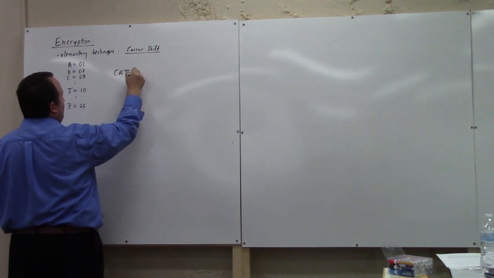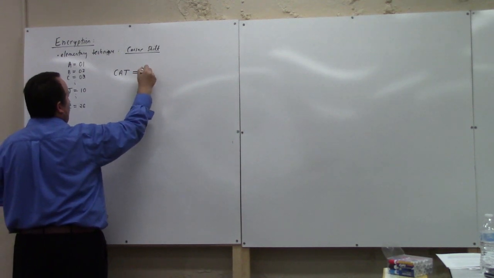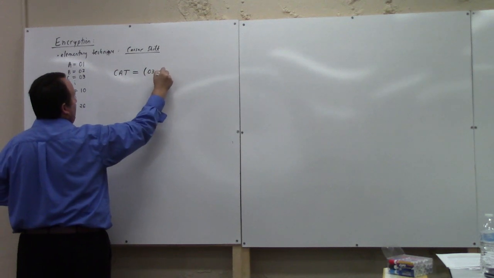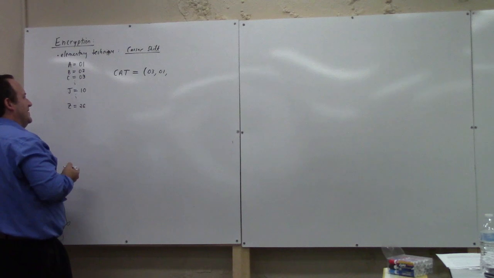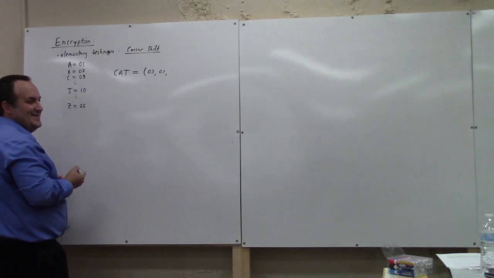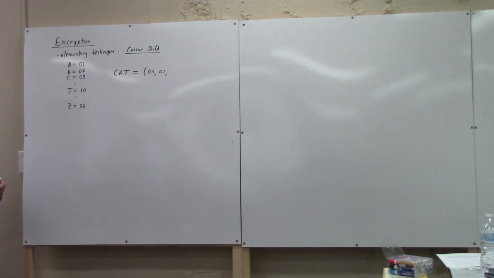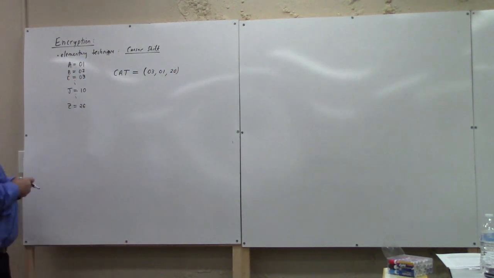C is 03, A is 01, and T is 20. All right, there we go. I might be wrong, but 20 feels right.